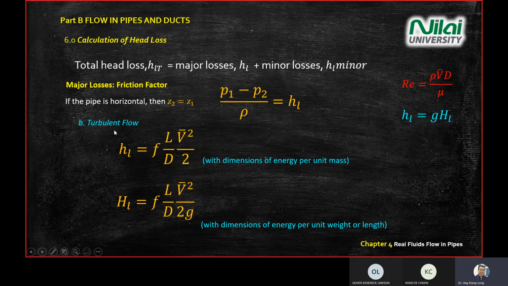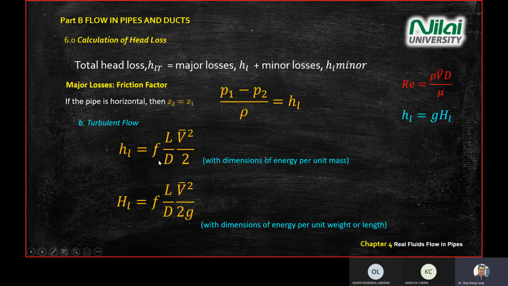However, the first one, small HL, is the major losses with dimension of energy per unit mass. So if the question asks you to give the answer of the major losses in the dimension of energy per unit mass, then you use this equation. If the question asks you to give your answer in the unit of energy per unit weight, or energy per unit length, then you use the second equation.